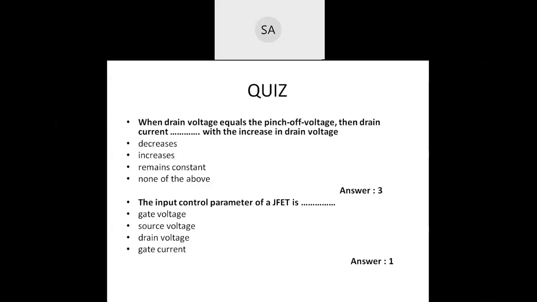The current is constant. By applying the VGS, there will be a change in the depletion side channel width. So the input control parameter of a JFET is gate voltage, source voltage, drain current, or gate current. The answer is gate voltage.